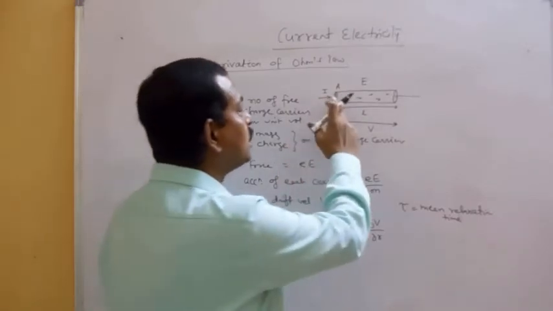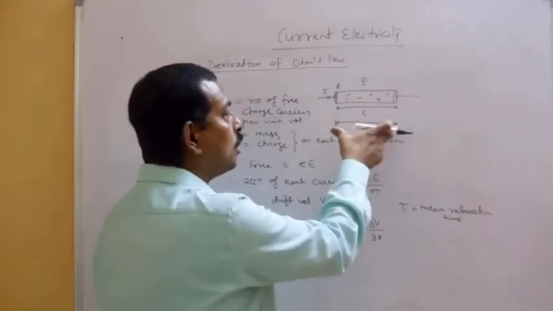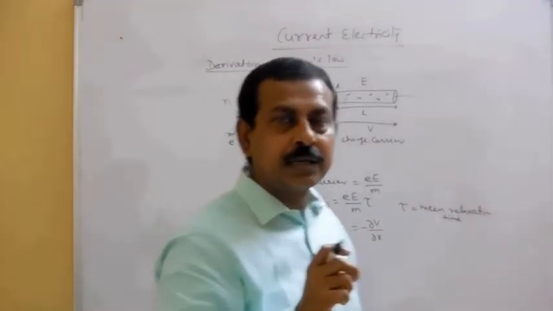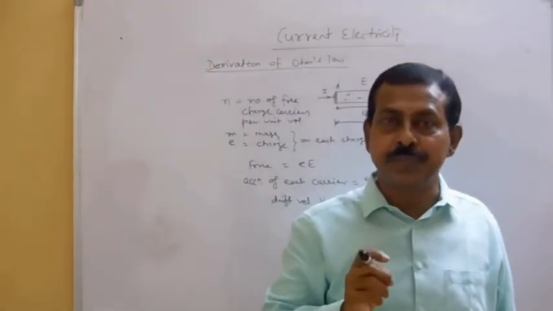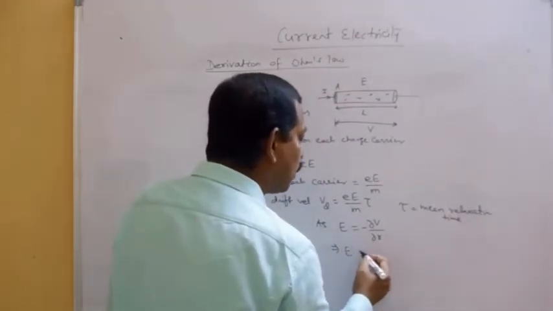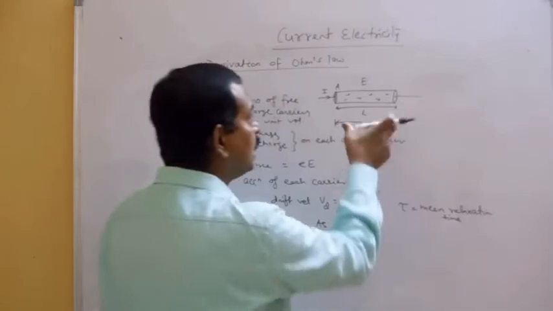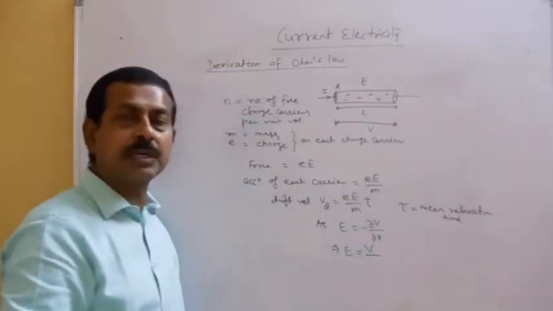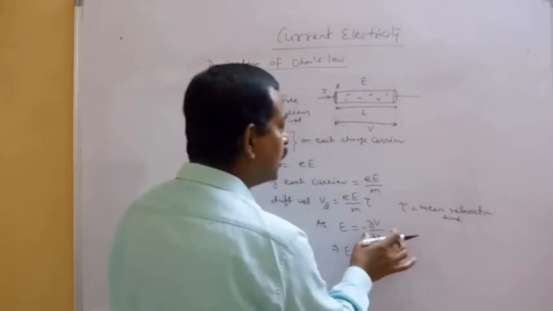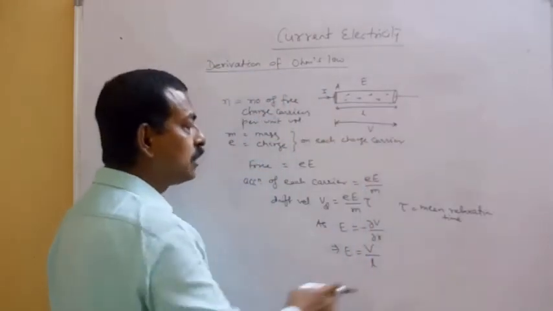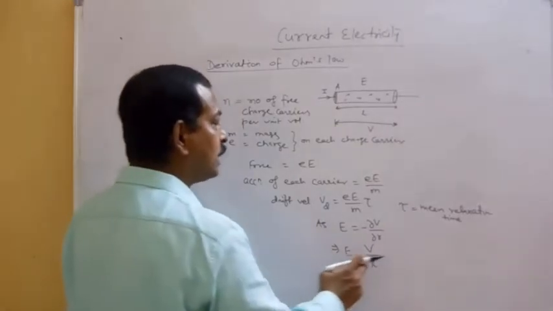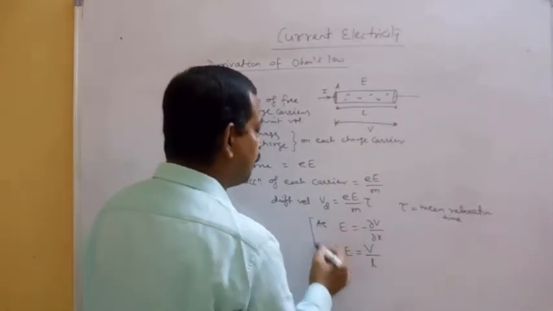If I have set up an electric field E for a conductor whose length is L kept under a potential difference V, so basically you will find that electric field can also be written as the potential difference, which is V here across the conductor of length L. So electric field we can also write V by L.